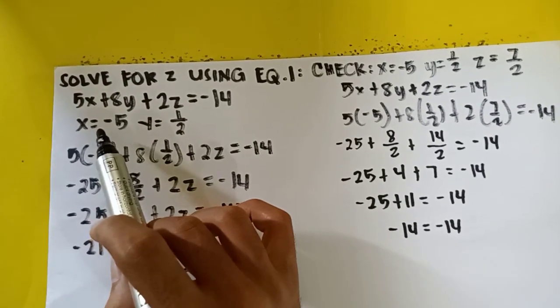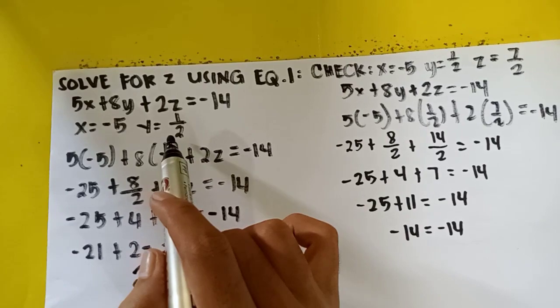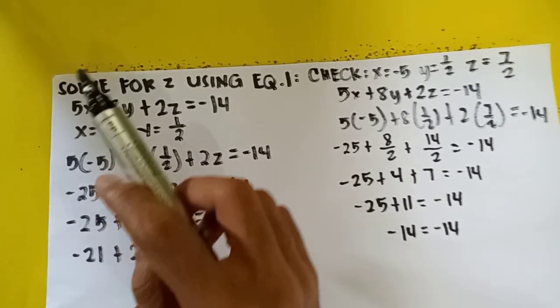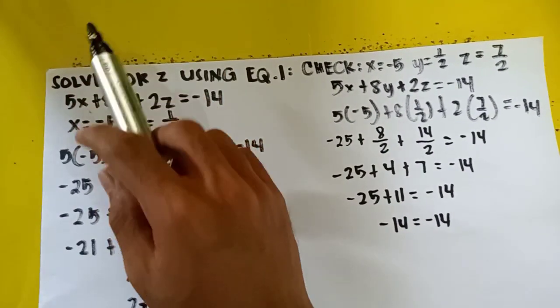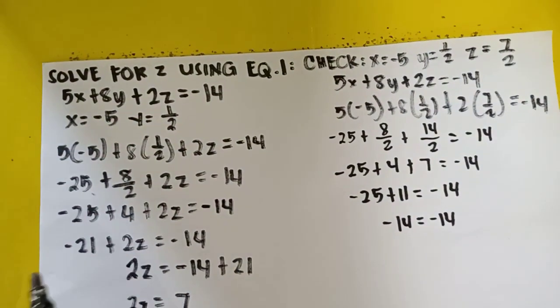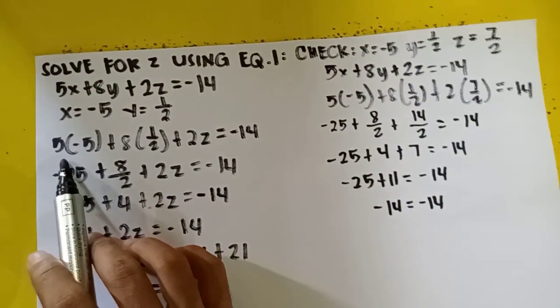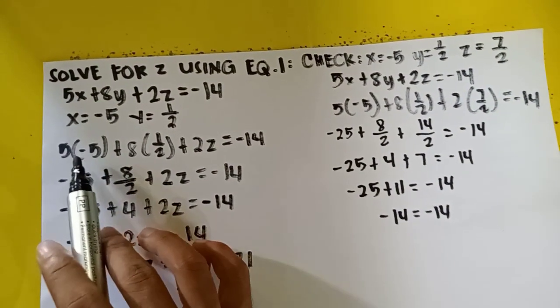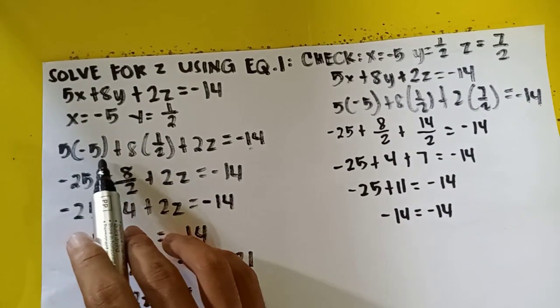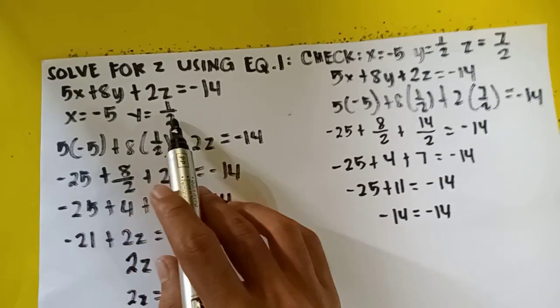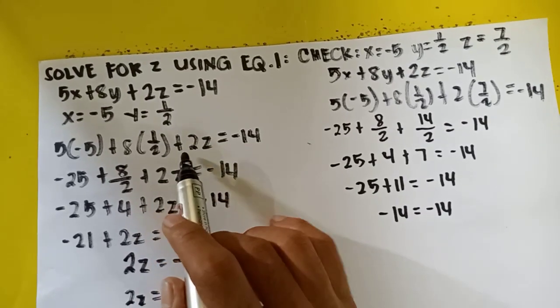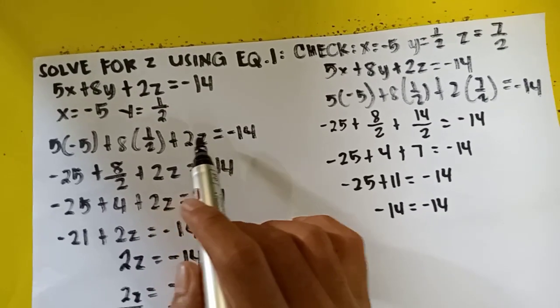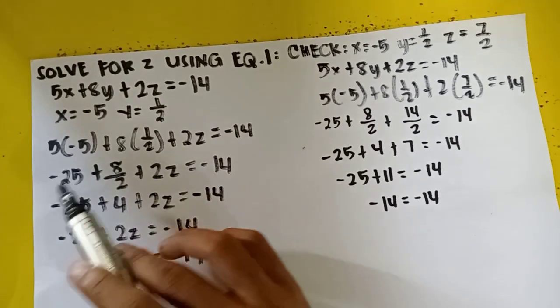The value of x is negative 5 and the value of y is 1/2. So we will substitute those values for the variables. So 5, substitute the value of x, which is negative 5. Then 8, substitute the value of y, which is 1/2. And then plus 2z equals negative 14.